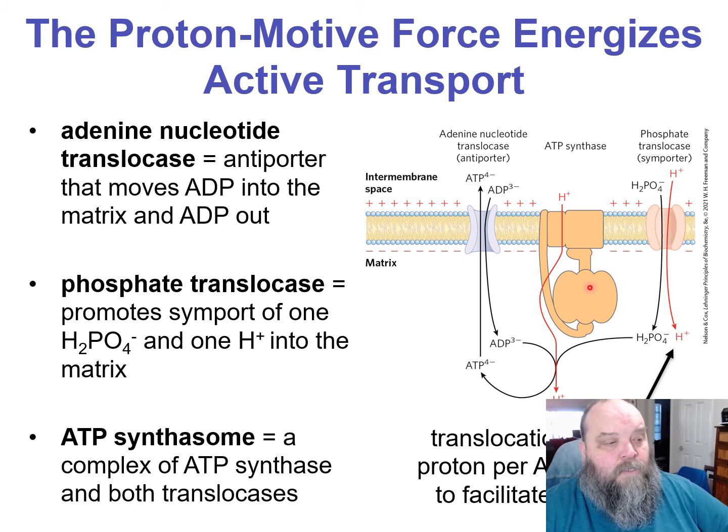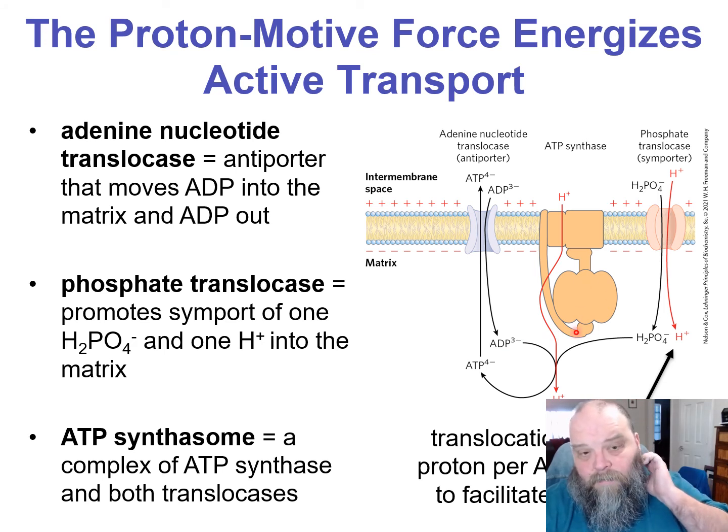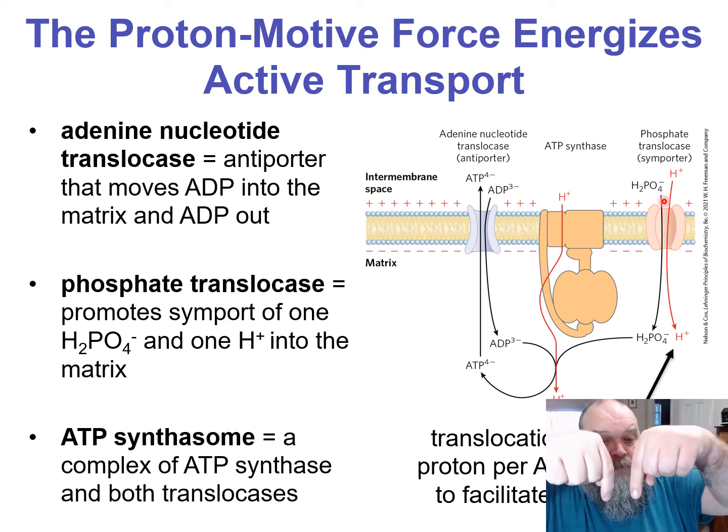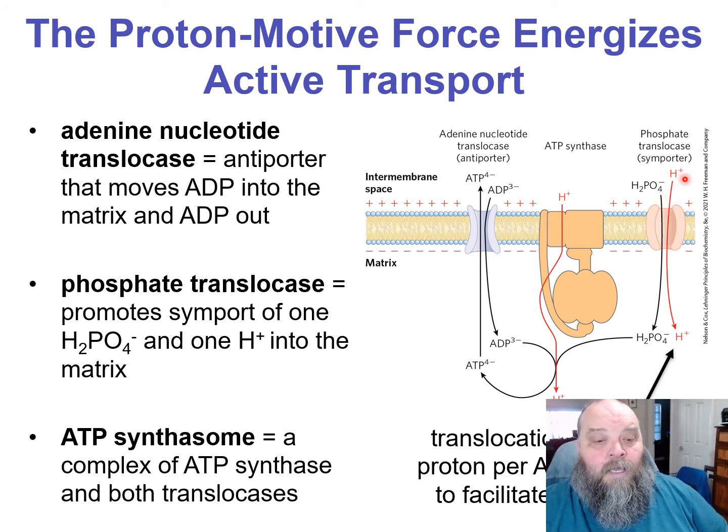ADP comes in, which the F1 subunit of ATP synthase will turn into ATP. Well, where's the inorganic phosphate coming from? Right there: H2PO4, with a symporter. A symporter transports things both in the same direction. Hydrogen's flowing through here, just like it's flowing through the ATP synthase, but as it flows through here, it's moving the phosphate in.